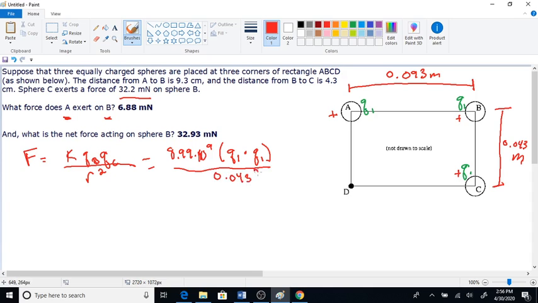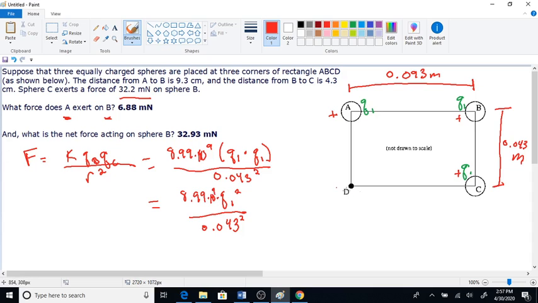0.043 squared. Now, Q1 times Q1, isn't that Q squared? So this is 8.99 times 10 to the 9th times Q1 squared all over 0.043 squared. But the force, we do know the force of this.